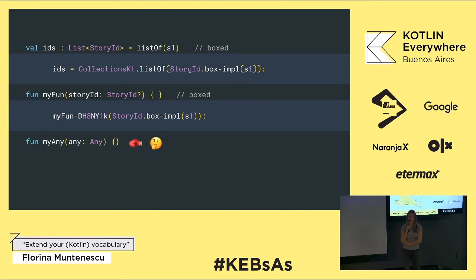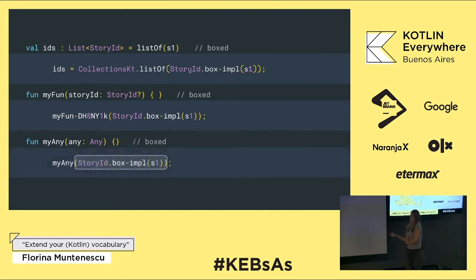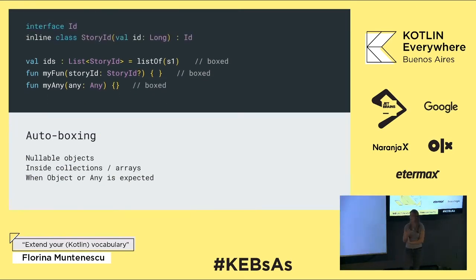So it's going to be used as a primitive? So Any is an object. So this means that it will use the boxed implementation for it. So in general, the rule is that auto-boxing is happening for nullable objects, inside collections or arrays, or when objects or Any are expected. OK, we're not done.